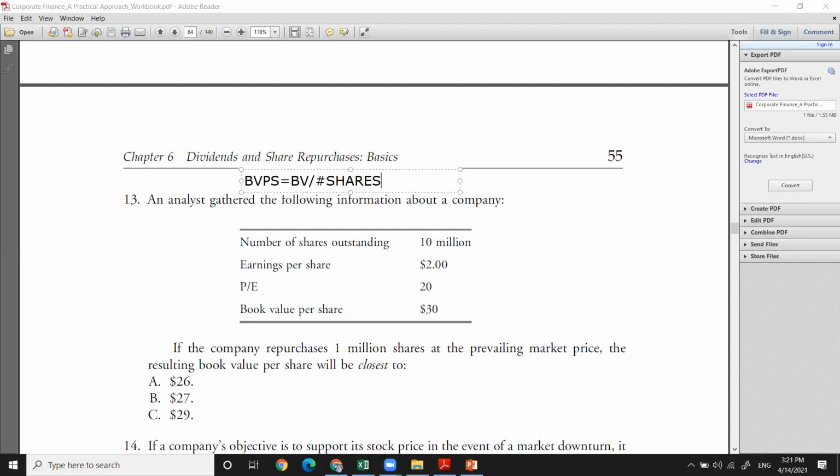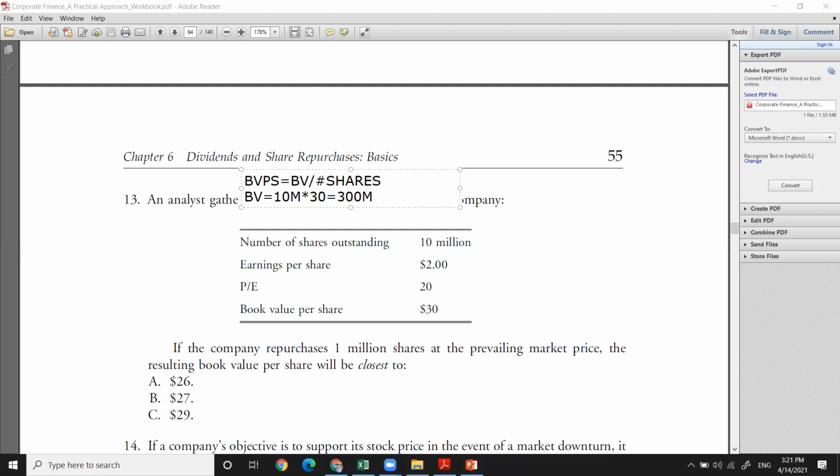How can you find it? Yes, it's 10 million times 30. We are just rearranging it. Book value equals 10 million times 30, the book value per share, so that will give us 300 million.